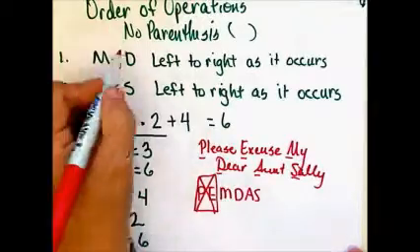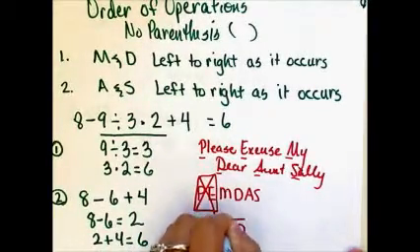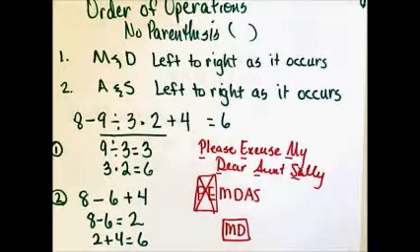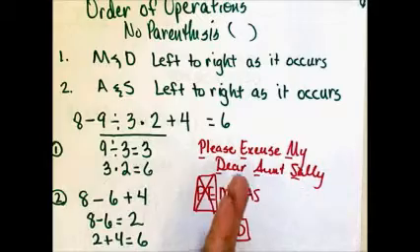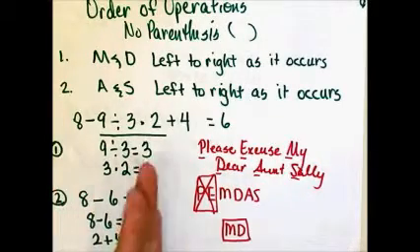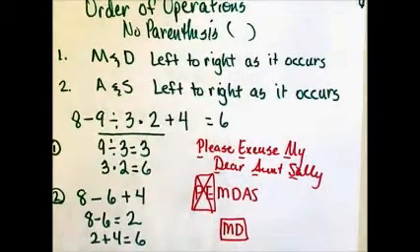Basically, I think of this as being boxed. In other words, it doesn't matter which comes first. I just work left to right, and when I get to a multiplication problem, I do it. If I do a division, then another division, then a multiplication, whatever it is, I do multiply and divide.